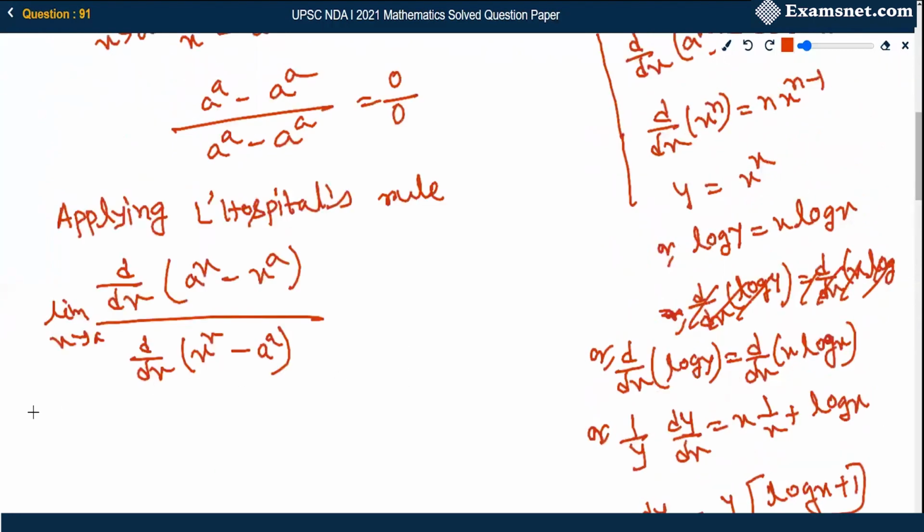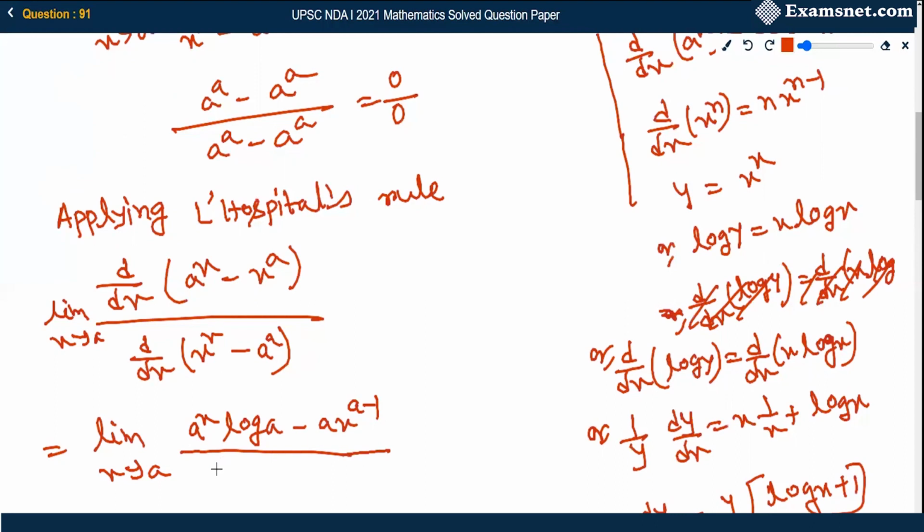Now let's write over here limit x tends to a. This will give us a to the power x log a minus a x to the power a minus 1 by x to the power x (log x plus 1).